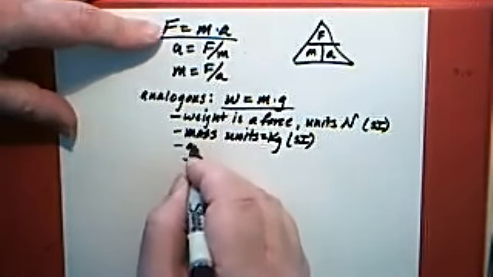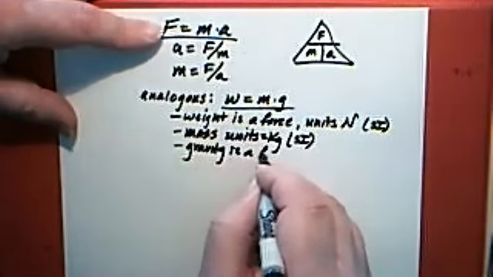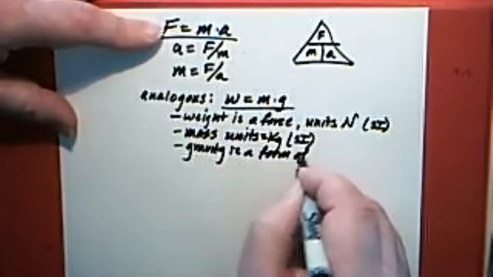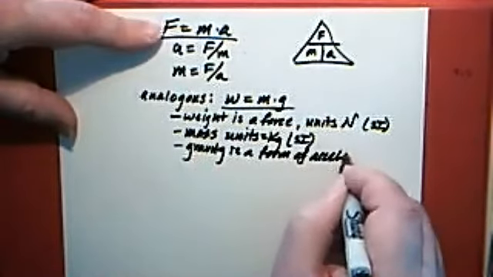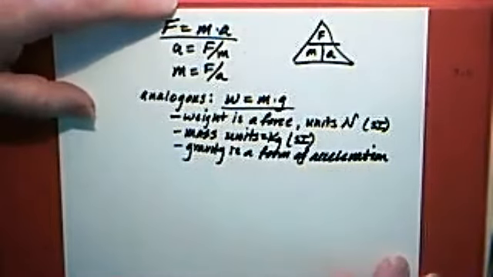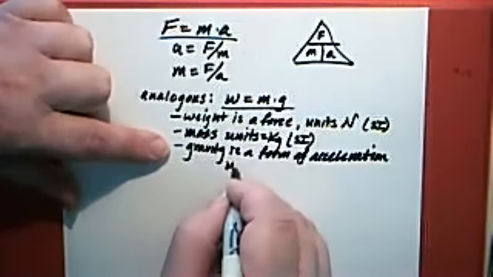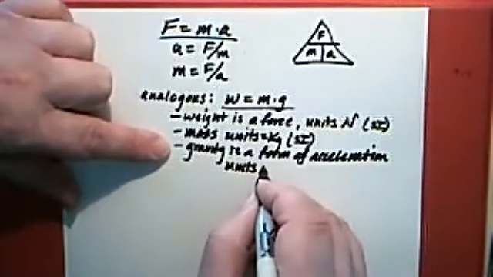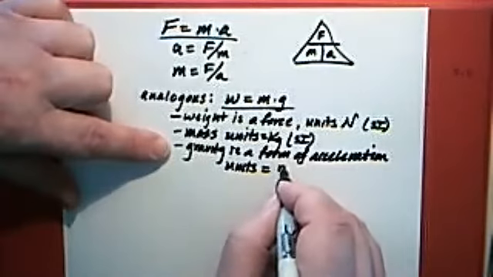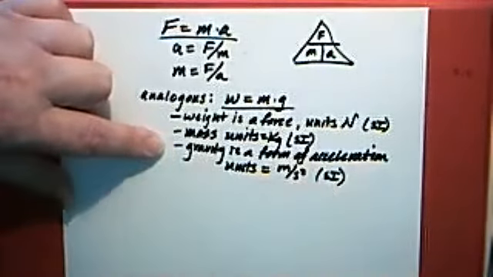And remember that g stands for gravity, which is a form of acceleration. And the units in the SI system would be meters per second squared.